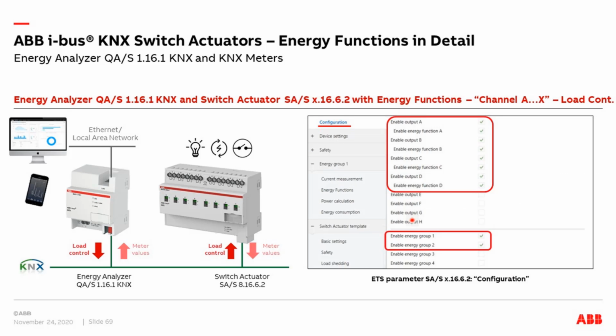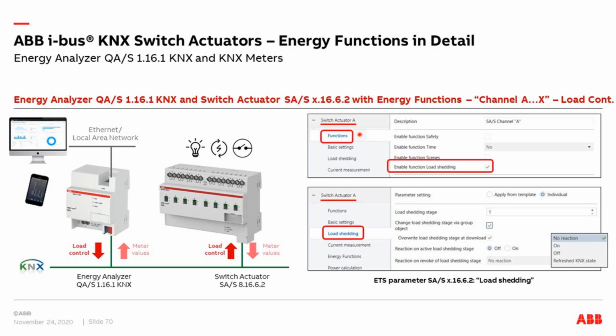In the switch actuator, if we want to use the load control function, at first we have to enable the outputs and the energy functions, and if you want also our energy groups. Then we go to our channel, like my channel number A. I go to the menu functions, and here I have the parameter enable function load shedding. I say yes, and then I get a new submenu load shedding.